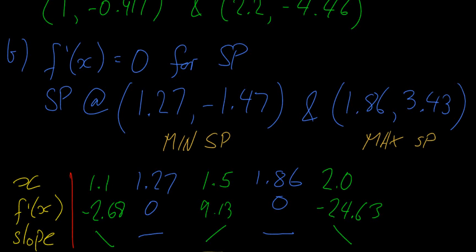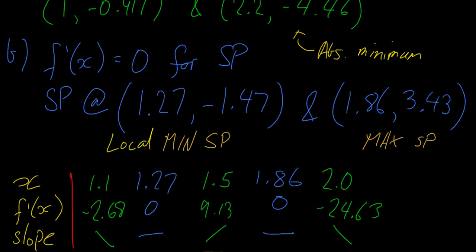Your endpoint up here goes down as low as negative 4.46, and this minimum over here only goes down to negative 1.47. So clearly, this one over here is your absolute minimum, and this is your local minimum.